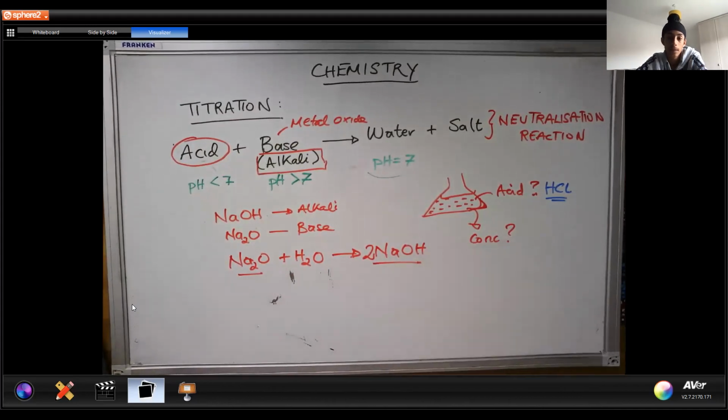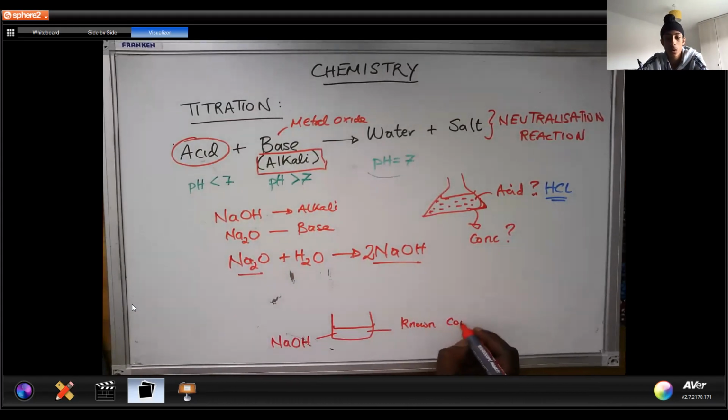And that's what we're trying to do. So what I do then is I get a known concentration of sodium hydroxide. This is my alkali. I've got a known concentration and volume of this sodium hydroxide.